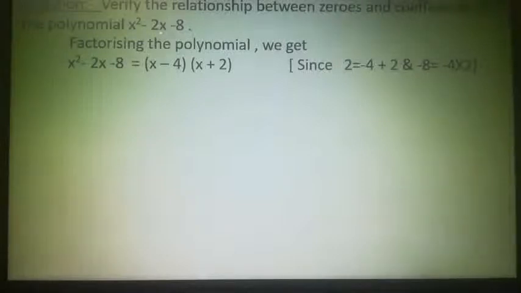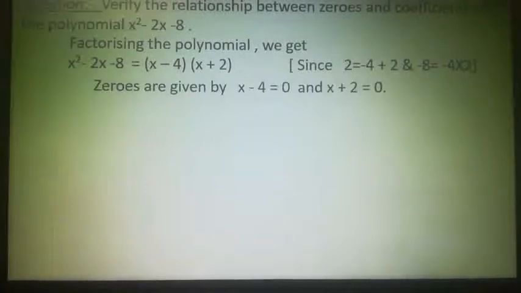So negative 2 is the sum of two numbers, and the constant term minus 8 will be the product of the same two numbers. From the product 8 you can get different ways, 1 into 8, 2 into 4, 4 into 2, 8 into 1, likewise. Since the product is negative, one of the numbers is negative.